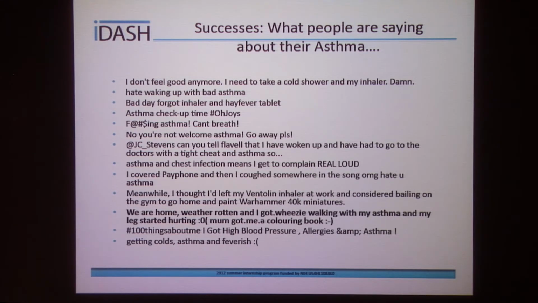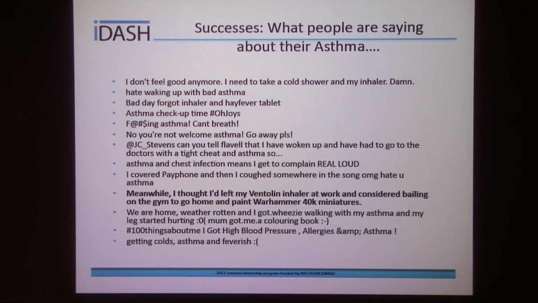Another one would be, "We're home, weather rotten, and I got wheezy walking with my asthma, and my legs started hurting. Mom got me a coloring book." And then my favorite one: "Meanwhile, I thought I'd left my Ventolin inhaler at work and considered bailing on the gym to go home and paint Warhammer miniatures," which anyone who's ever had a nerdy younger sibling understands.